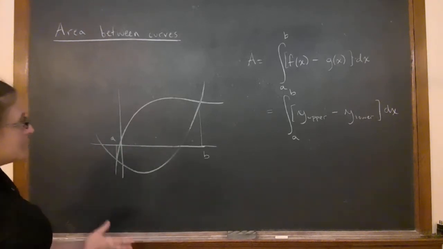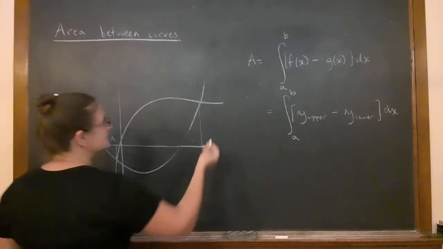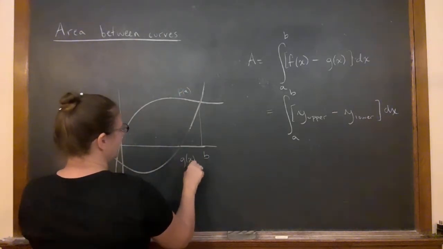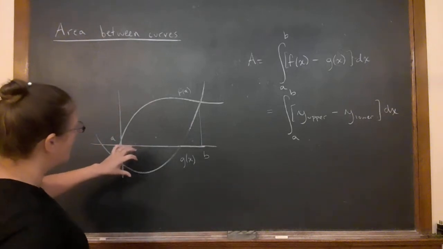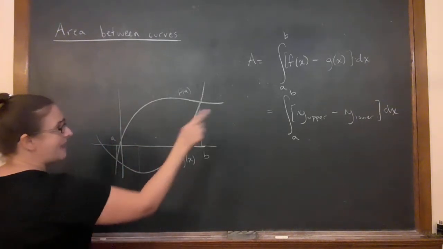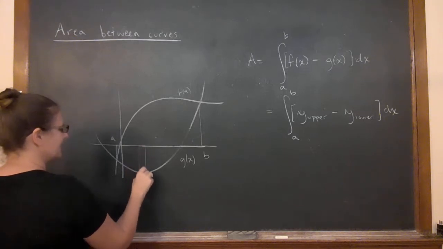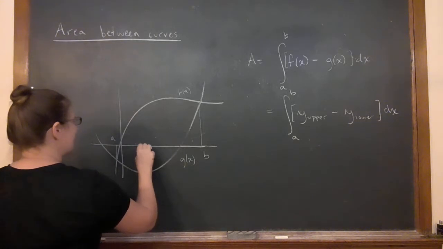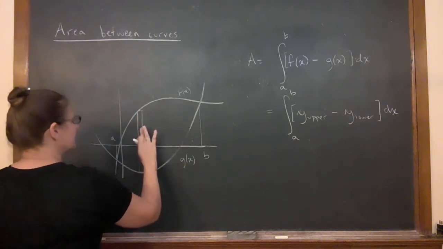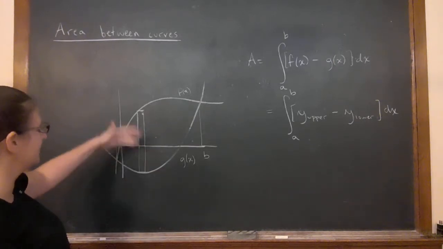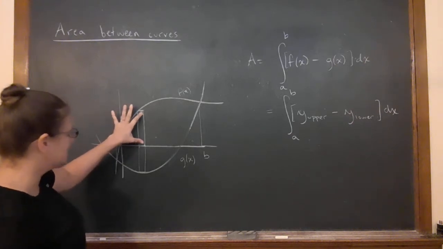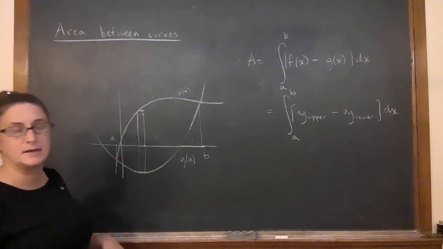I'm just going to point out, if you think about this, like say this is my upper one, f of x, and this is my lower one. Where it's beneath the axis, that second part of the integral is going to be a negative area, but you're subtracting it. So it ends up being positive. So in this kind of situation where one is underneath and one is above, I basically end up adding this piece and that piece with my approximating rectangle.